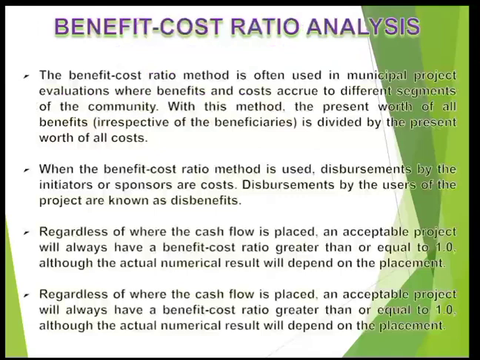Regardless of where the cash flow is placed, an acceptable project will always have a benefit cost ratio greater than or equal to 1, although the actual numerical result will depend on the placement. For this reason, the benefit cost ratio alone should not be used to rank competing projects.